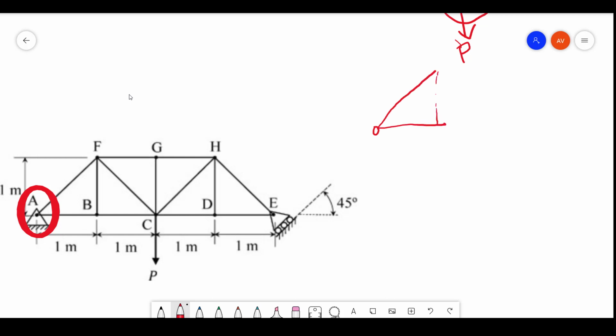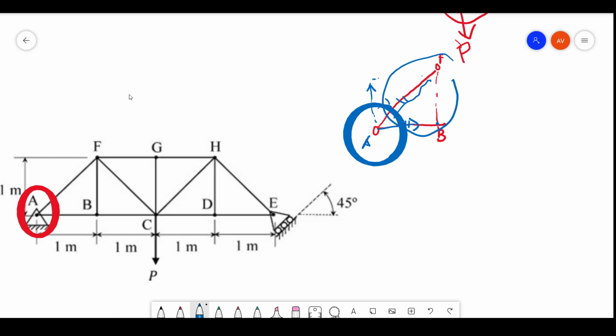This is your F, this is your B. Now you will have some reaction forces here because of this particular support, right? That means you will have some force in this zone, because when you resolve these vectors, the support members will take these forces. Therefore you cannot have a zero force member at this joint or anywhere else in this element.